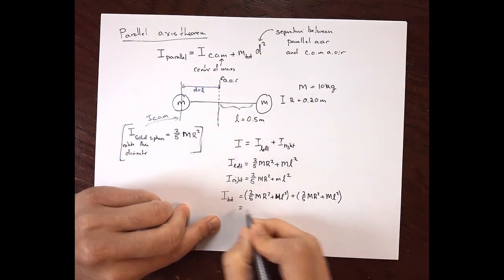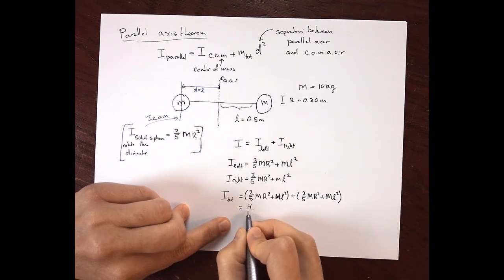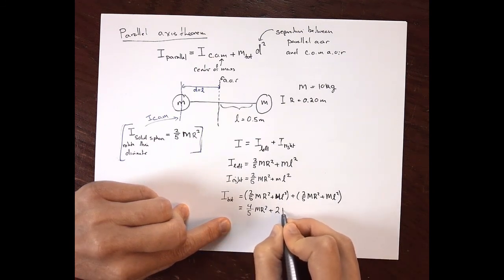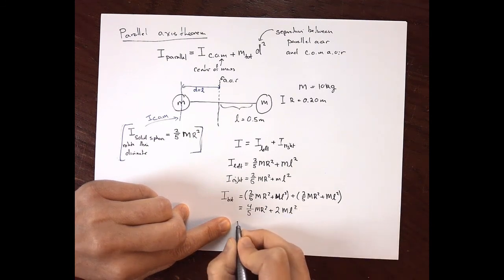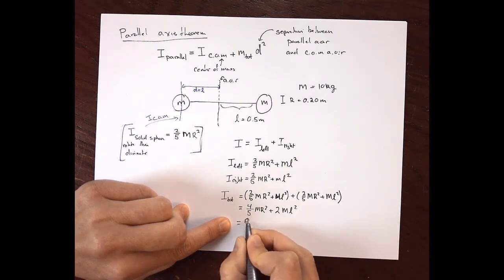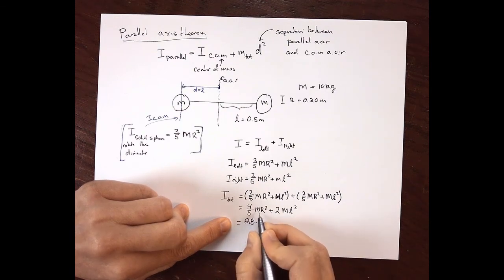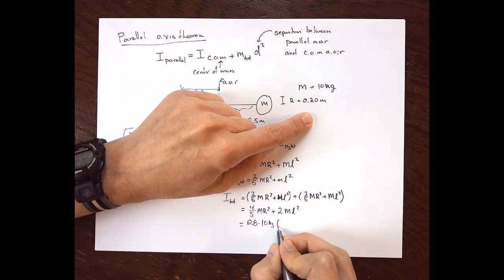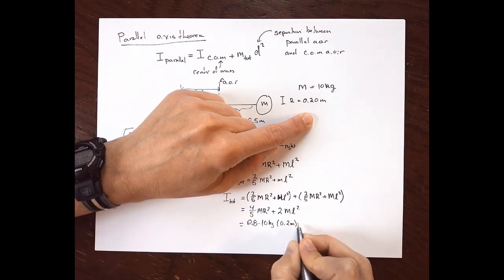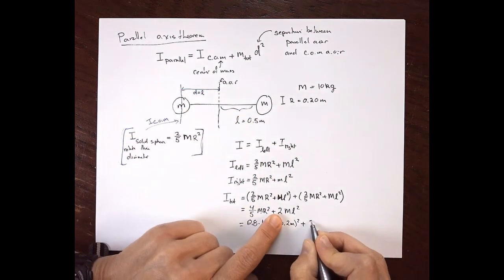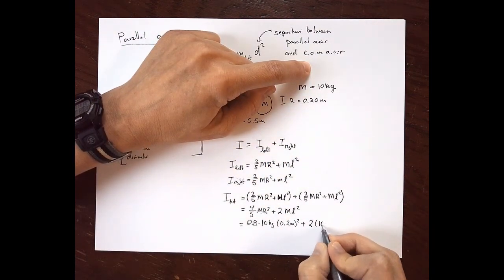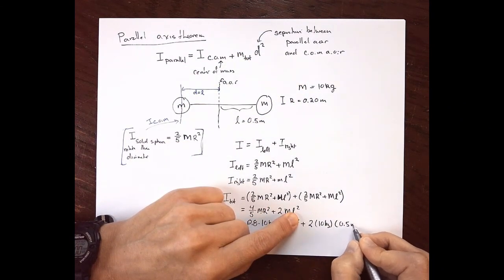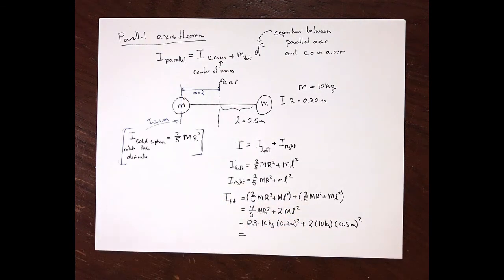All right, so we've got two of these guys, so we'll have 4/5 m r squared, and two of these guys, so 2 m L squared, and then I guess we just plug our numbers in. Well, 4/5, that's going to be 0.8, times the mass, 10 kilograms, times r squared, 0.2 meters squared, plus 2 times the mass, 10 kilograms again, times L squared, so 0.5 meters squared.